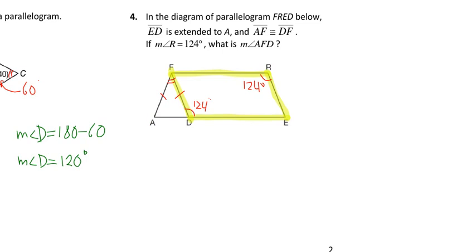So using the linear pairs, this angle here is 56 degrees, because 180 minus 124 is 56, so that's how we get this angle.